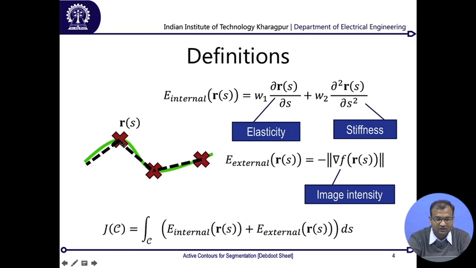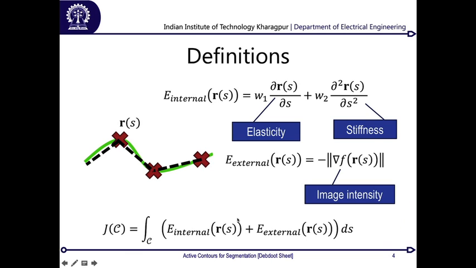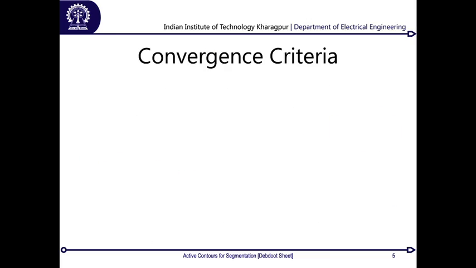So the whole curve is divided into multiple of these S's. You are going to take this total summation and integrate it along the curve length, and you will get an energy proposition. This is how the energy, or the state of a particular curve at any point of time, is denoted. Now from there we come to the next part, which is the convergence criteria.